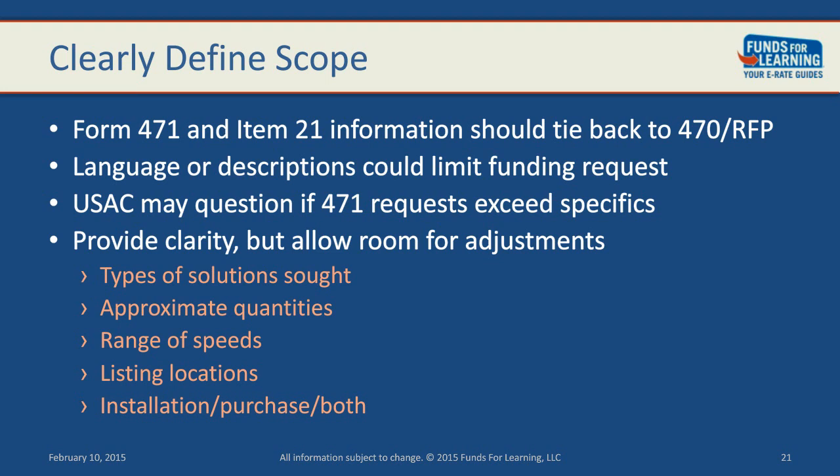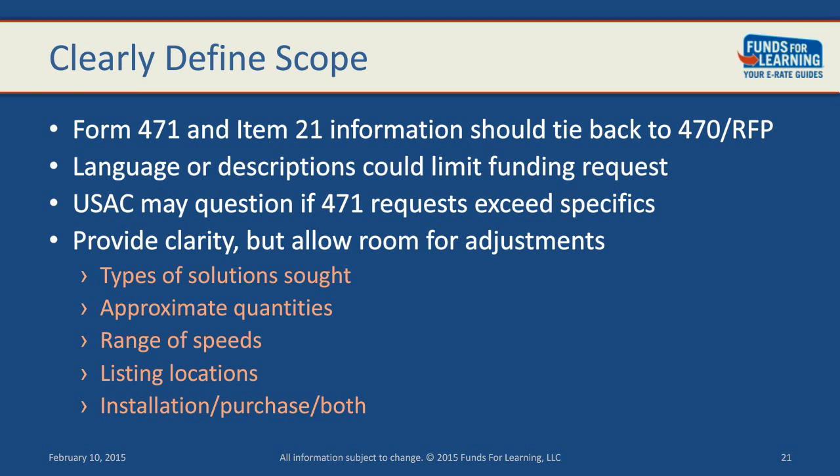When you submit your application, you need to be able to take all of those details and map it all the way down to an individual school or library facility. They'll want to know where equipment's being delivered, what speeds are the data lines, and so on. And so really being able to account for all of that starts with having a very effective competitive bidding process.